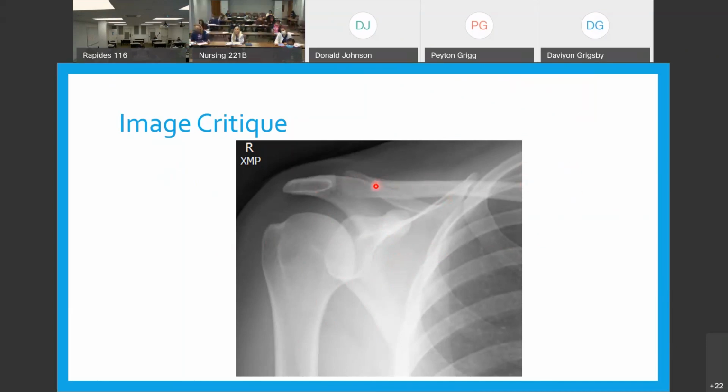Problem. It doesn't include the entire clavicle. So although this was probably an attempted external rotation, this is greater. But the problem, we don't have the entire clavicle, and that's a requirement here.